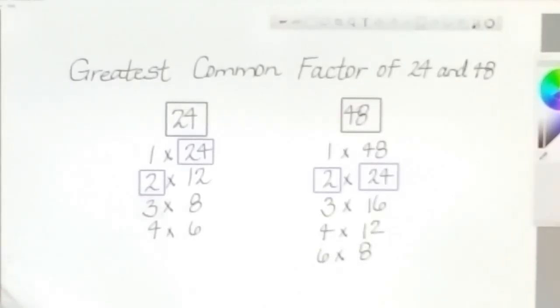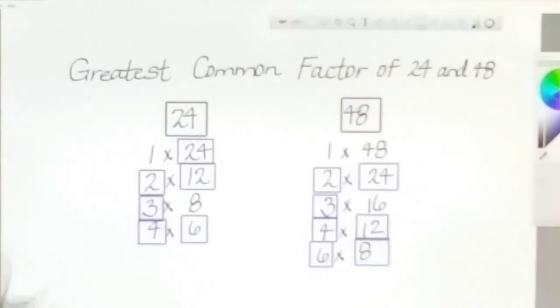The 3 is common. The 4 is common. The 6 is common. The 12 is common. And the 8 is common.